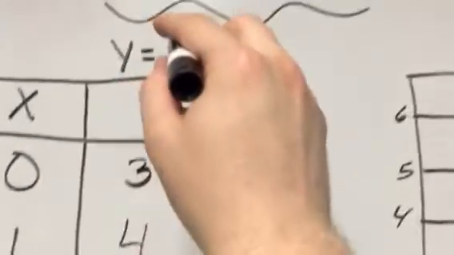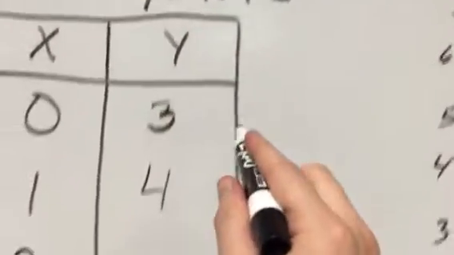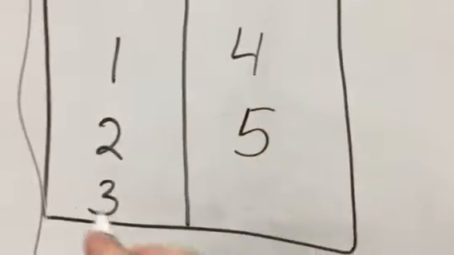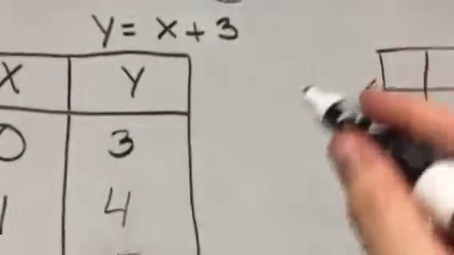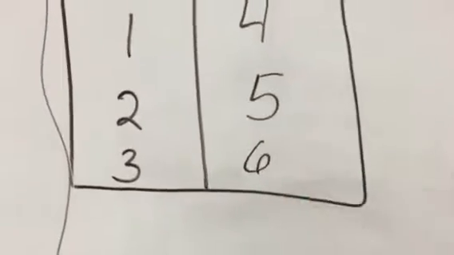So I put a 4 there. The next one is 2. So I put a 2 in for my x. 2 plus 3, that's 5. So my y is 5. And now 3. 3 plus 3 is 6. So my y is 6.